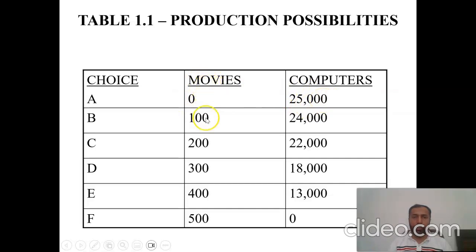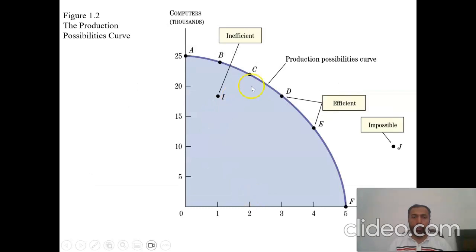And when we increase the production of movies to 100, we will have decreased the production of computers from 25,000 to 24,000. Let's see this in the graph, that when we increase the production of movies from 0 to 100, we are decreasing the production of computers from 25,000 to 24,000, and we move to point B. In this way, we make points C, D, E and F. F is another extreme where production of computers is 0 and production of movies is 500.